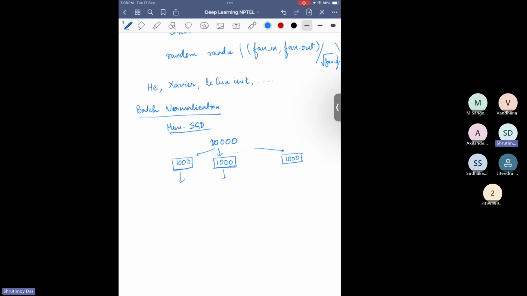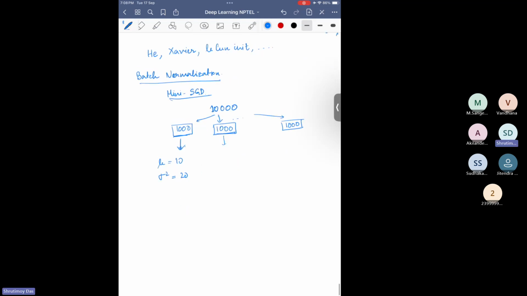By that what I mean is that suppose I look at this chunk, and suppose the mean of this chunk is say 10. Suppose mu here is 10 and my variance in this case is say 20. If it is a Gaussian distribution, it will be centered at 10 and look something like this.